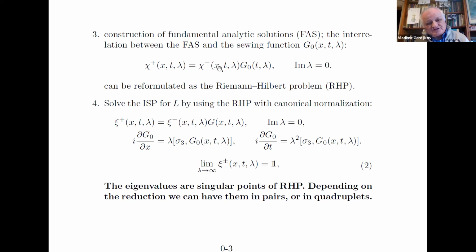These two fundamental analytic solutions, one of them analytic in the upper half plane, the other analytic in the lower half plane, and they are related on the real axis by this Zakharov-Shabat function G0 of t and lambda. G0 of t and lambda is expressed in terms of the matrix elements of the scattering matrix.